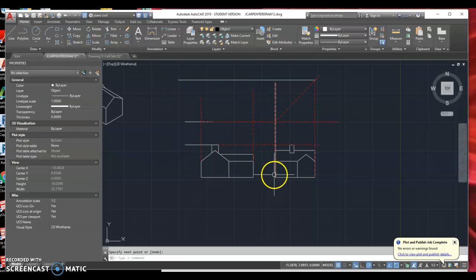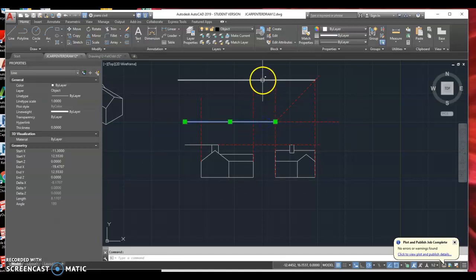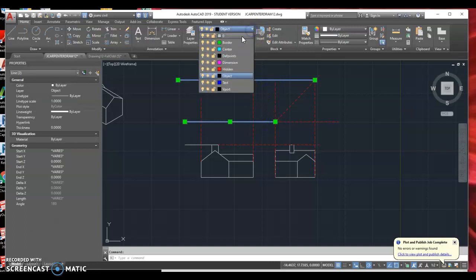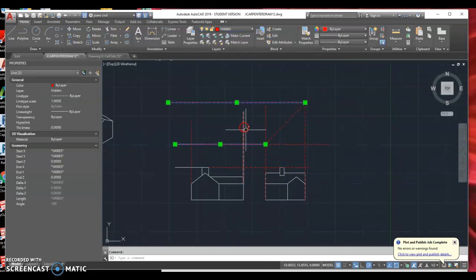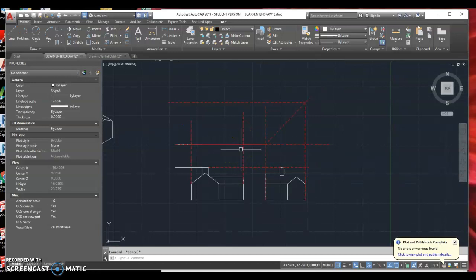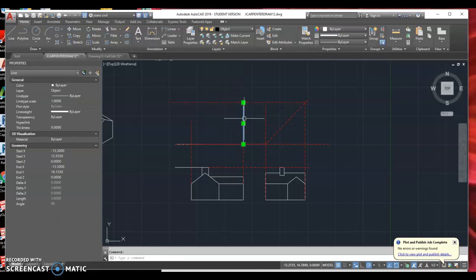And this side is coming over from here. And those should be hidden. Let's make them hidden. Now, the depth is going to be from here to here. That should be 3.6, and it is.